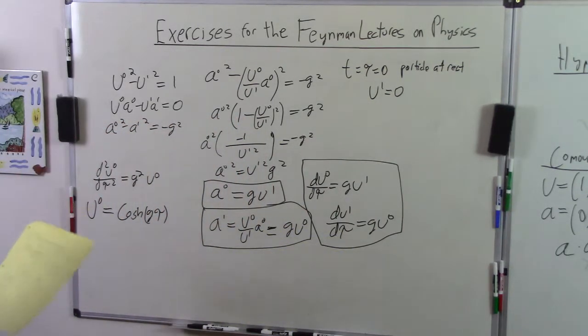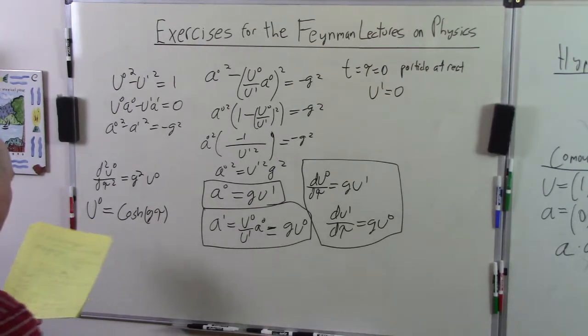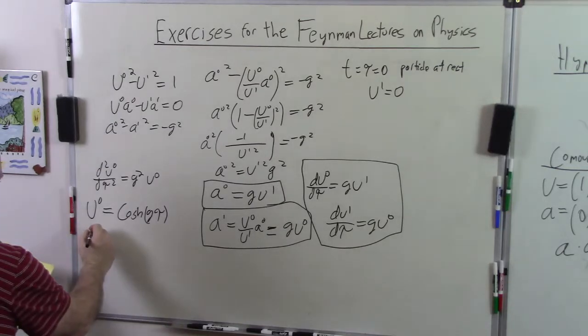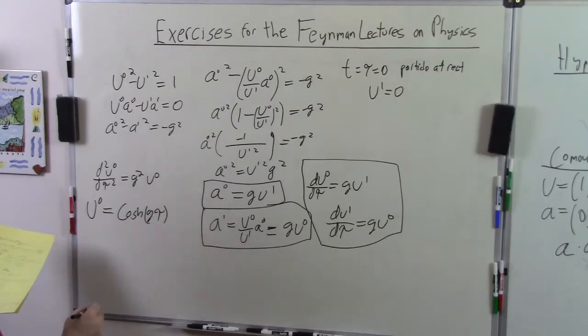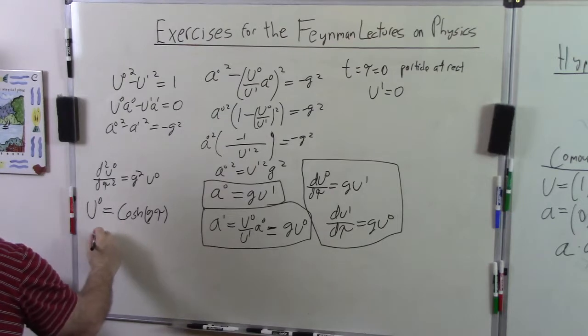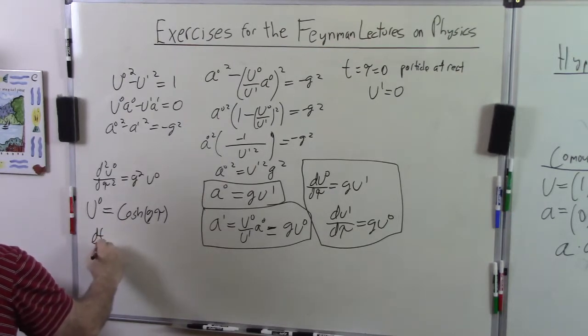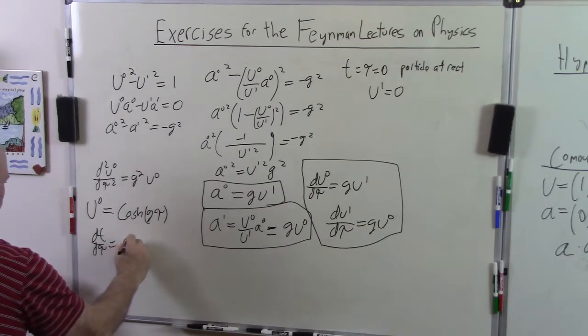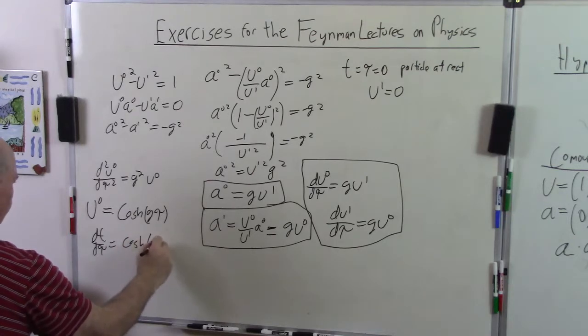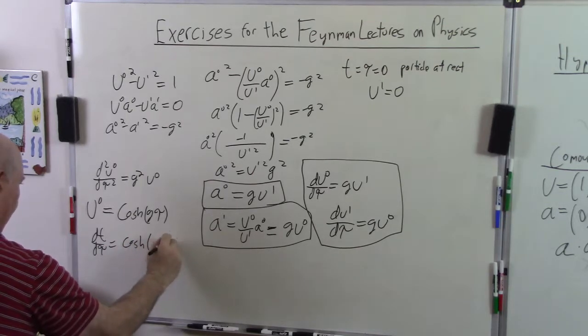And now, by the way, U0 is the definition of dt/dτ. So we can write dt/dτ equal to hyperbolic cosine Gτ.